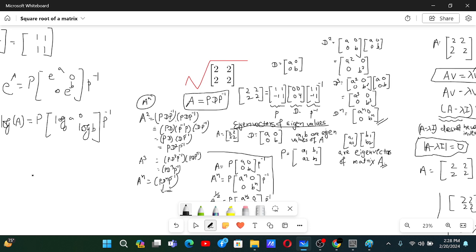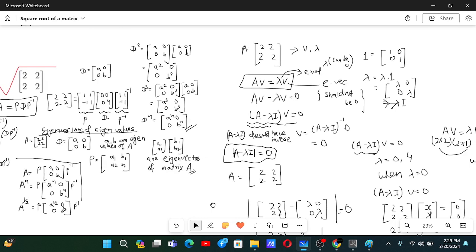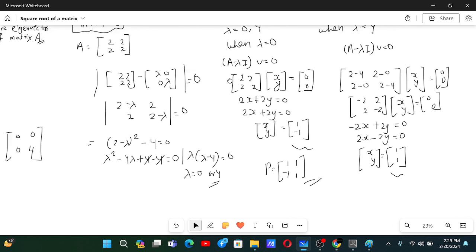Okay, so let's talk about the flow. I gave you the idea about how to raise to the nth power, and then I showed you how raising the power of a diagonal matrix is easier. Then I showed you how we get our answer at last. Then I showed you how to find the eigenvalues and eigenvectors.